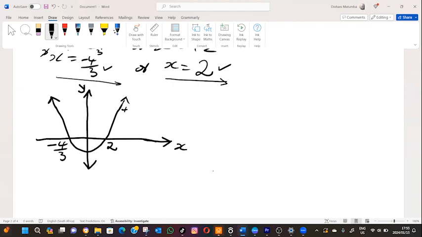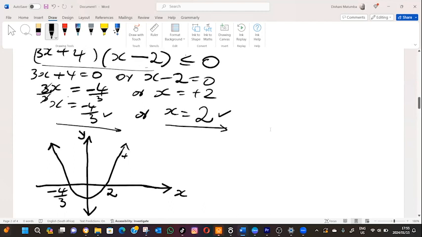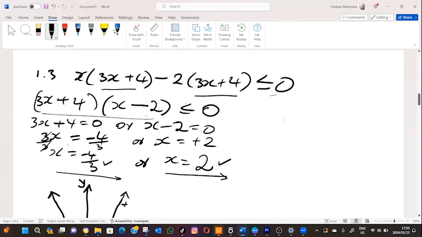Now, let us go to the equation itself and see how we have to draw the graph. If you check this inequality, it is saying let us check the region where your graph is on the negative side of the y value.